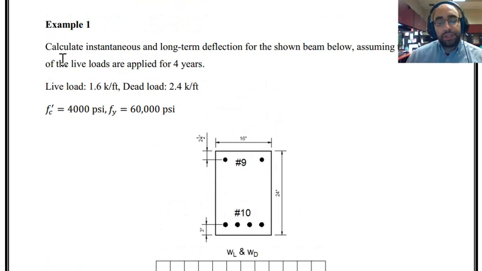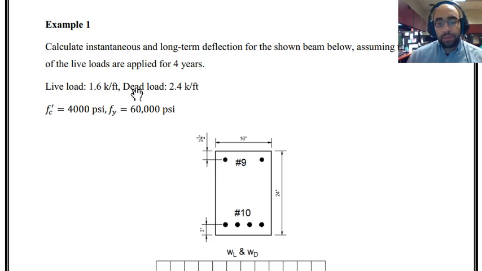As you can see, the question is asking us to calculate instantaneous or immediate and long-term deflection for the shown beam below, assuming 30% of the live load is applied over 4 years. Live load is given to us as 1.6 kip per foot. Dead load is given to us as 2.4 kip per foot. F prime C, Fy, the properties of material are also given to us.